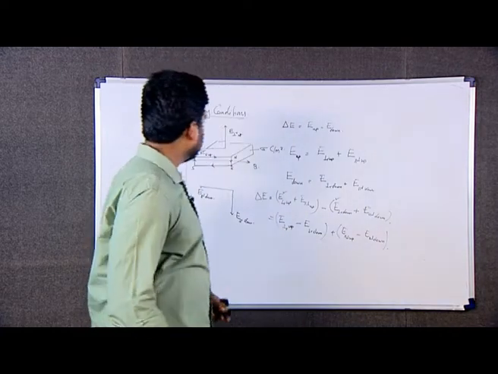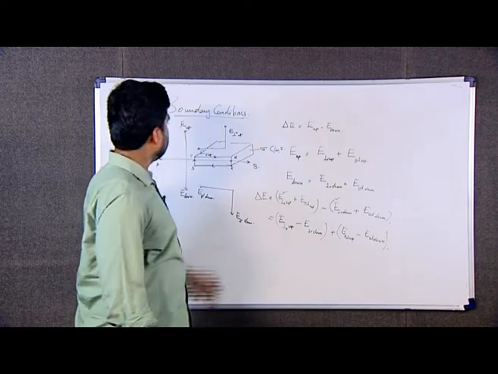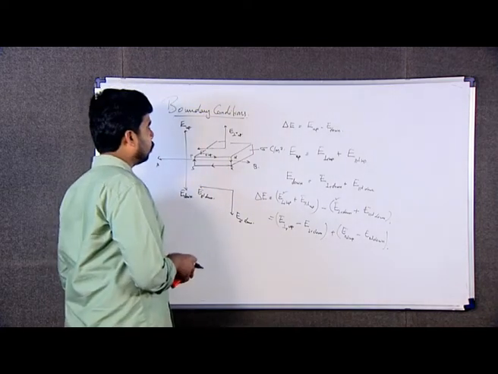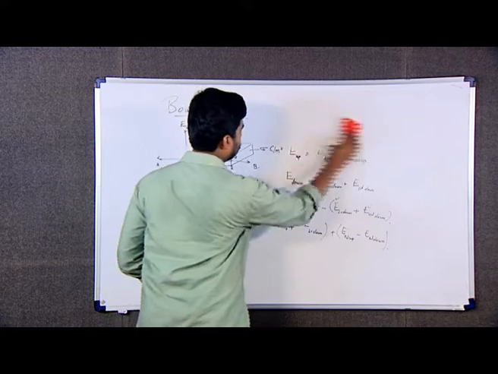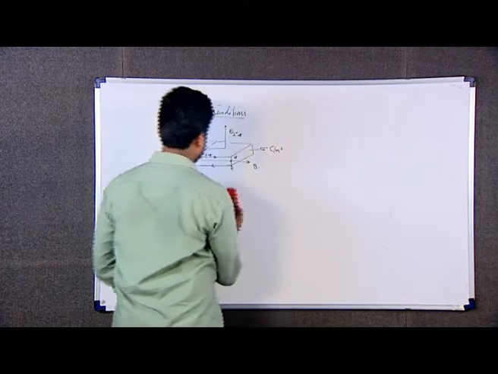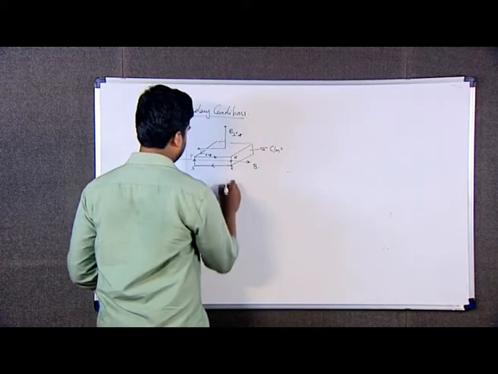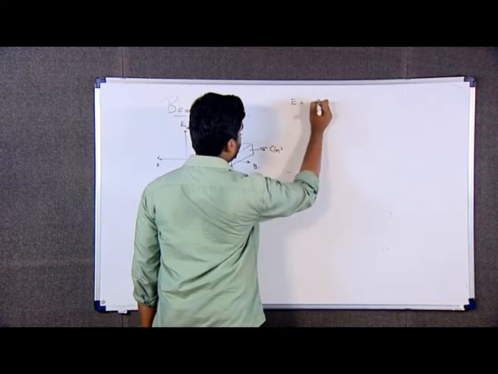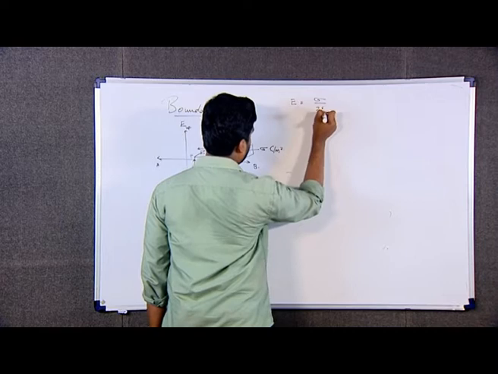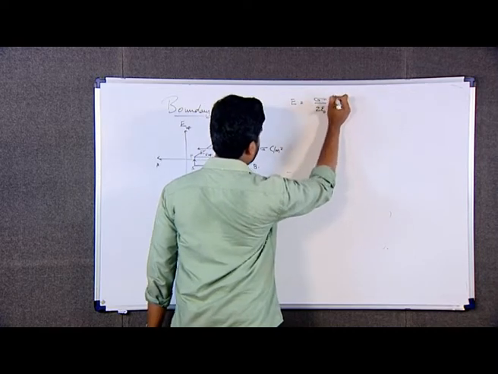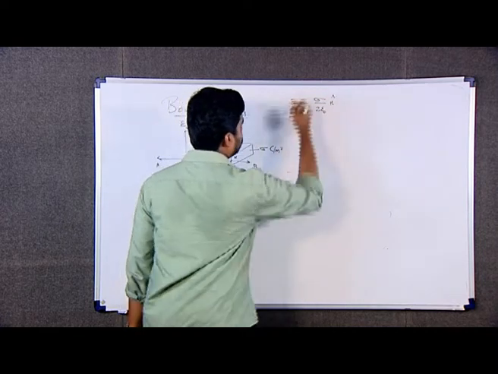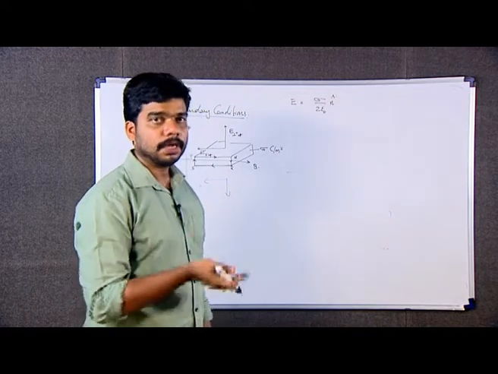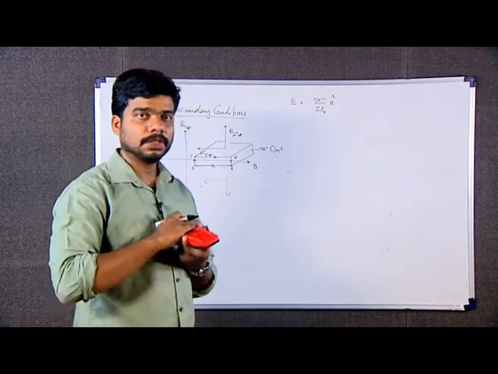So we know that for a thin sheet of charge, the electric field produced is E equal to sigma by 2 epsilon 0 into n cap. I think you remember this equation, we derived it using Gauss's law for a thin charged sheet.